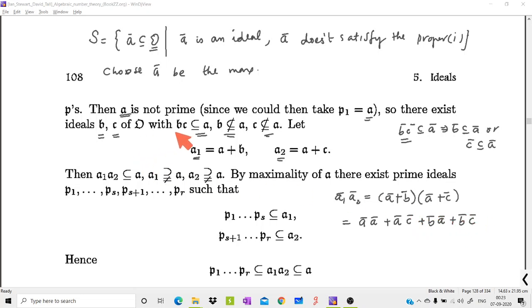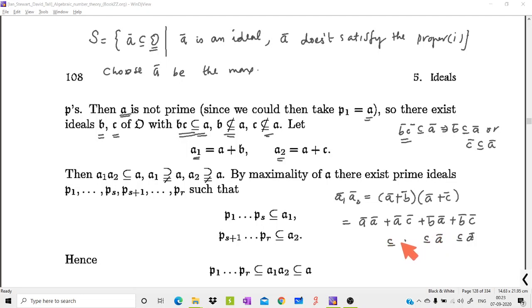Our assumption is BC is contained in A. So this part is contained in A, and BA, since A is an ideal, is contained in A itself. If you multiply elements of A with any element of O, we get again an element of A. This is the definition of an ideal.